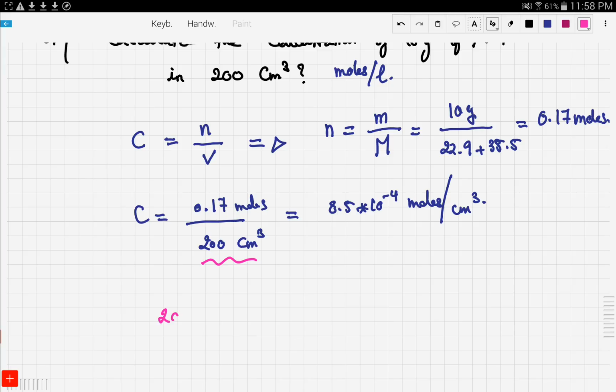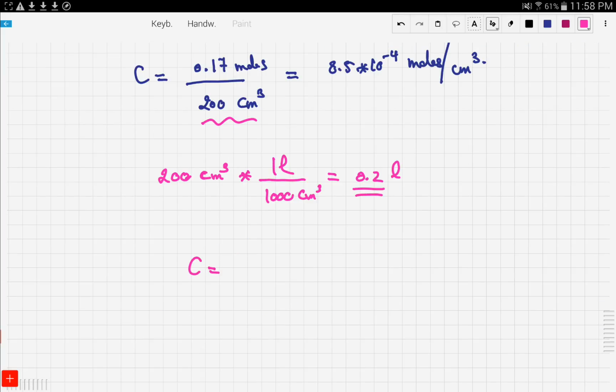So 200 centimeters cubed, using the relation, is 1000 centimeters cubed per 1 liter, and we get 0.2 liters. And similarly, the concentration would be 0.17 divided by 0.2, and we get 0.85 mole per liter.